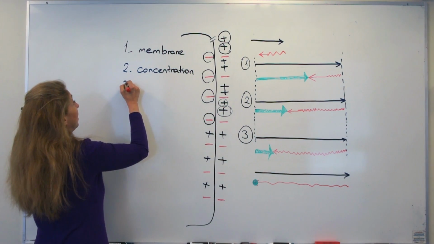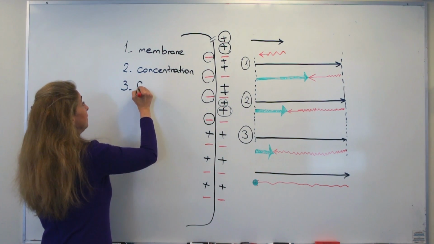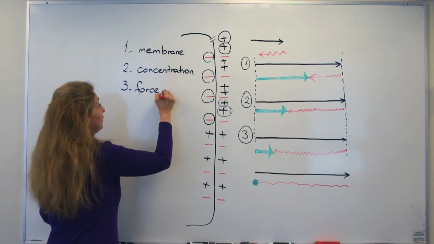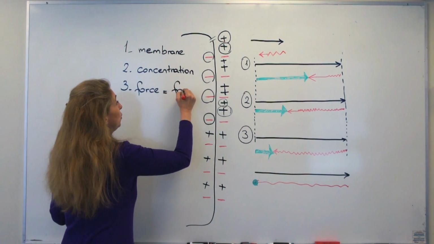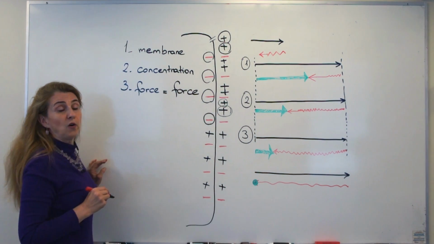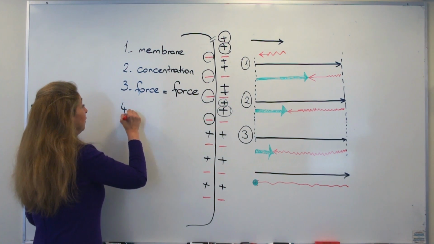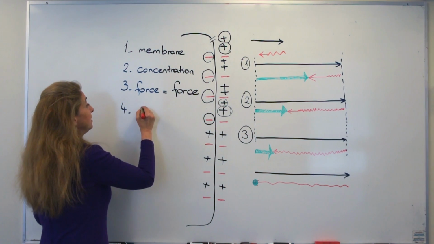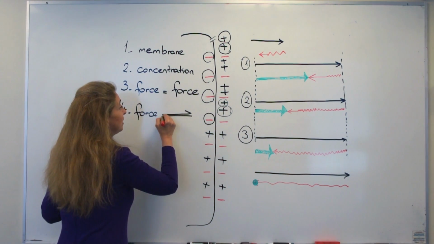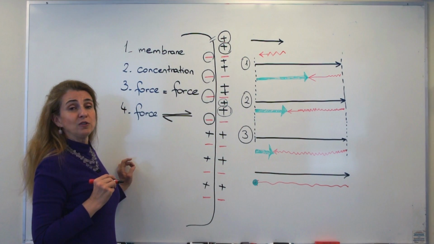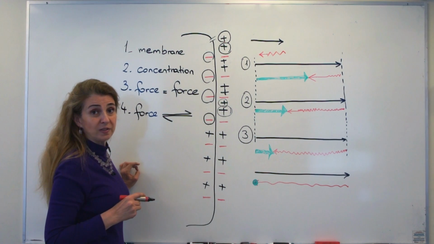So, the third characteristic is that the force of electrical origin, the Nernst potential, is always equal to the force of the chemical difference. Fourth is that this force is in the opposite direction to the concentration difference, the chemical force that produces it.